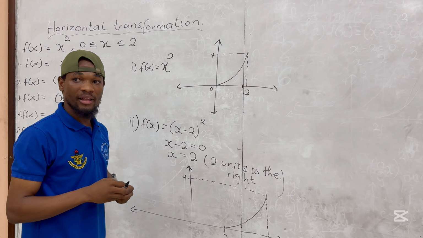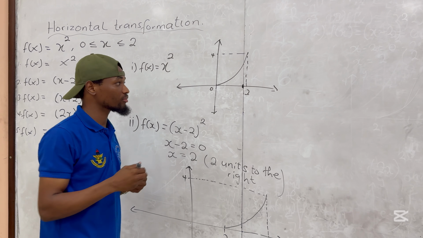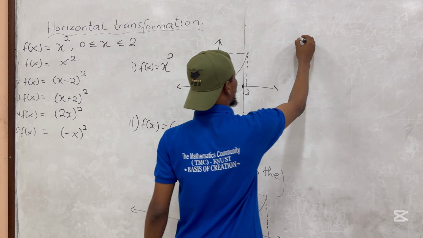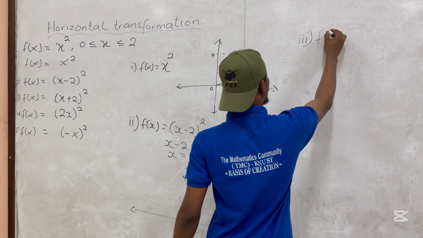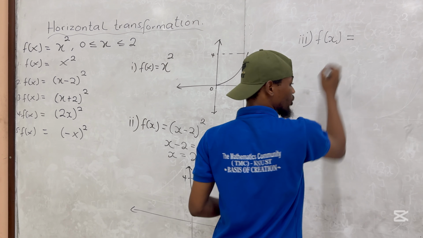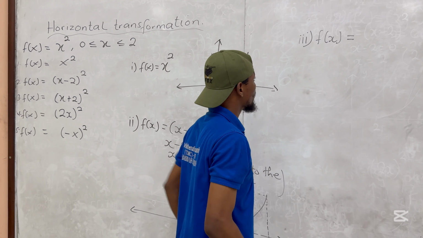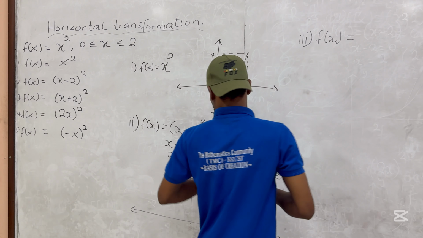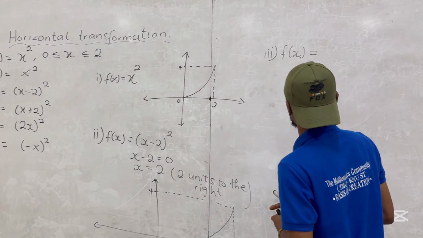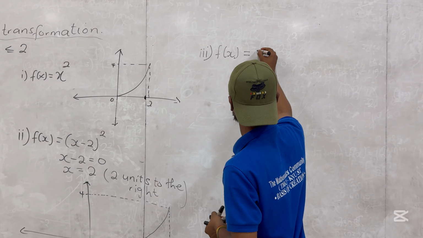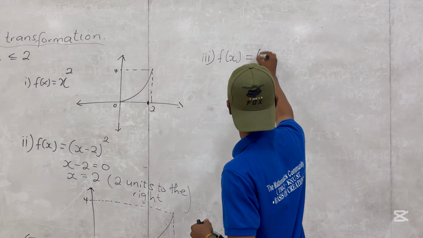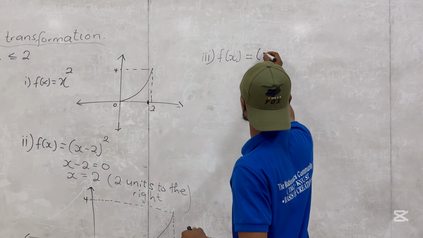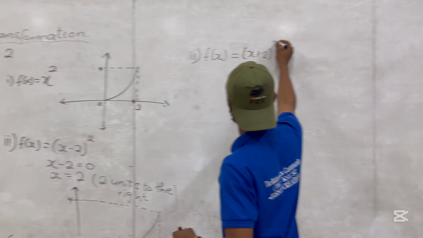So the third one is this. We have f of x, which is equal to x plus 2 all squared.